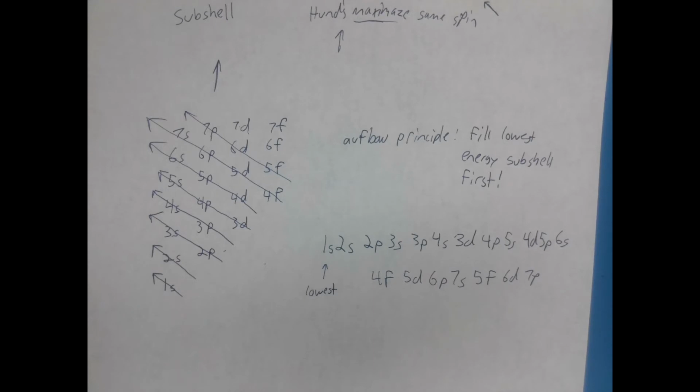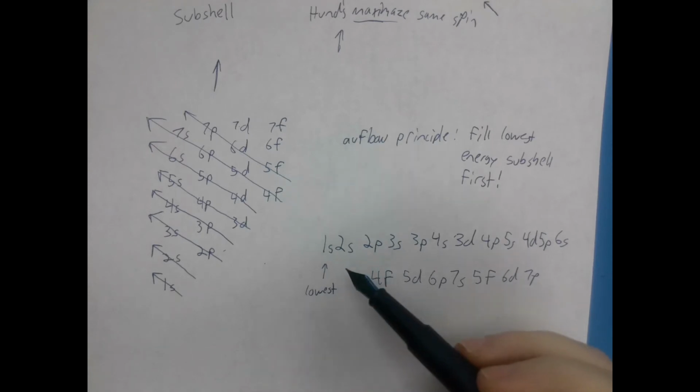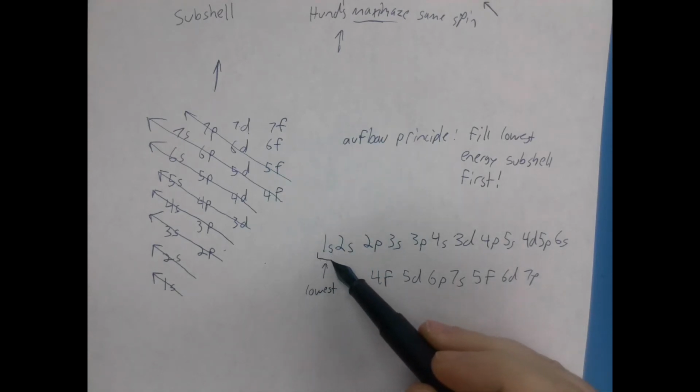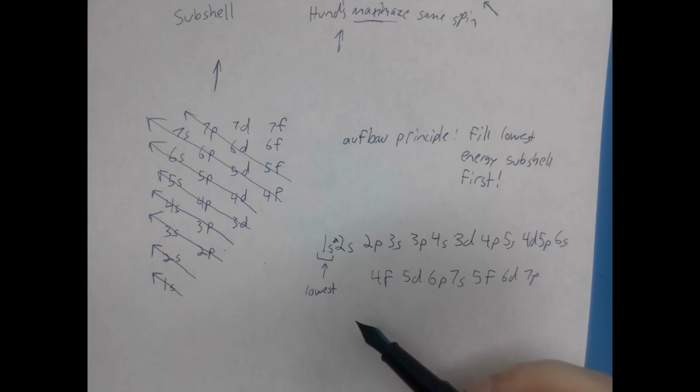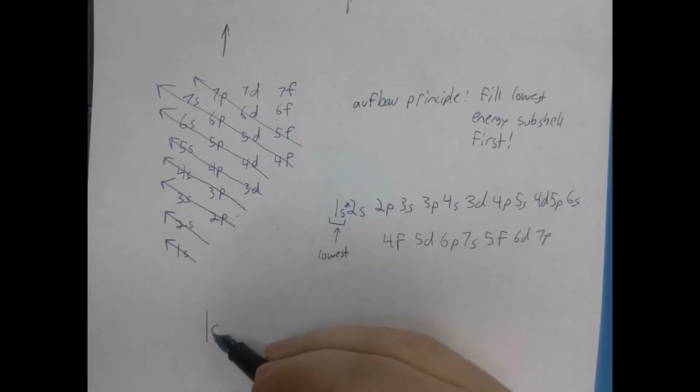So when you begin writing in the electrons, you're going to begin with 1s. How many electrons can go into an S subshell? So remember, the S subshell, there's only one S, so at most 2 can go in. So 1s2.